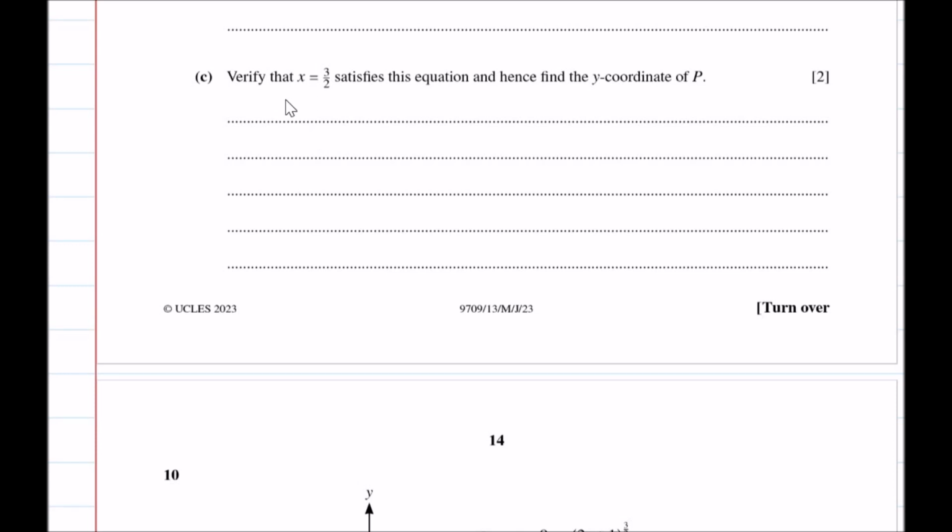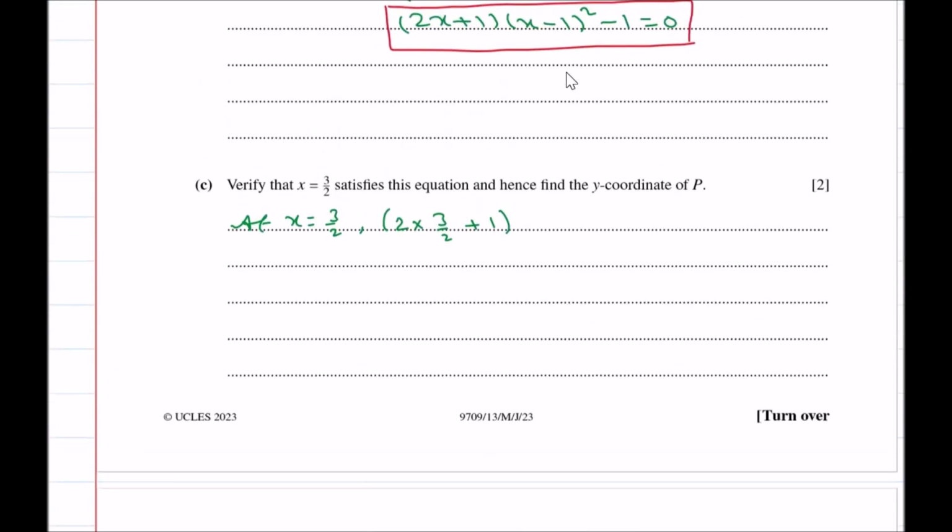So when x equals 3 by 2, we are taking 2x plus 1, so 2 into 3 by 2 plus 1, into (x minus 1), that is (3 by 2 minus 1) whole square, minus 1, that is equal to 0.